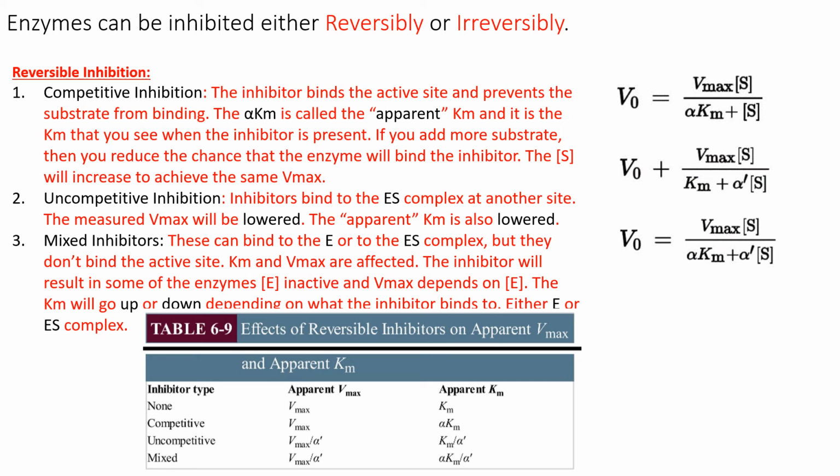And remember, alpha is apparent, and you just multiply it by that value. Uncompetitive, you have a Vmax divided by alpha prime. And for the apparent Km, you have Km divided by alpha prime. For the mixed, you have Vmax divided by alpha prime, and then you have alpha Km divided by alpha prime.